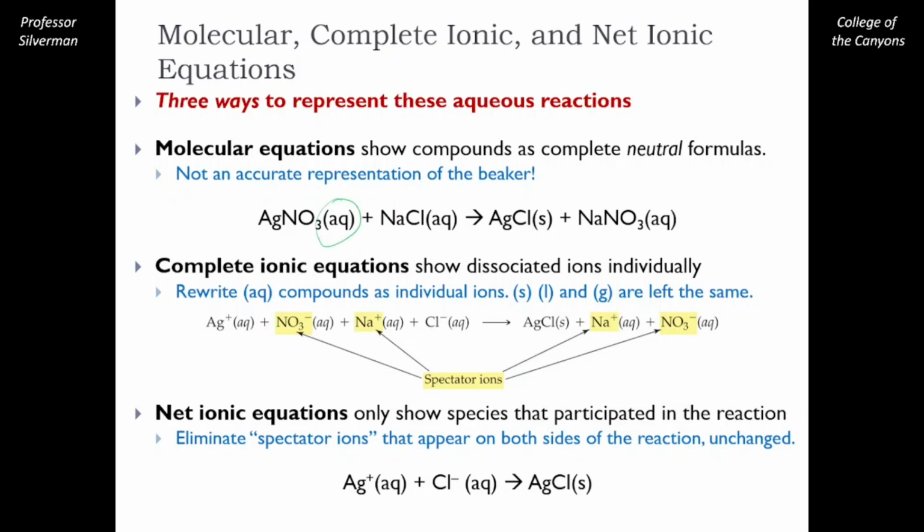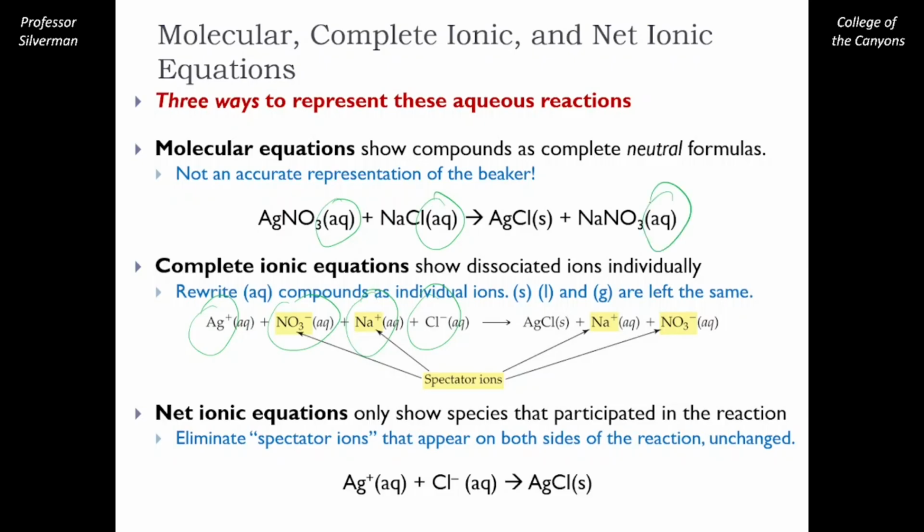Silver nitrate, we saw a few slides ago on the picture, actually exists as silver ions and nitrate ions. Sodium chloride we saw as well. This actually exists as sodium ions and chloride ions. Our complete ionic equation, we want to actually write this out as those individual pieces to give some better intuition.